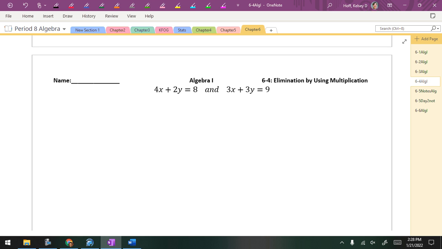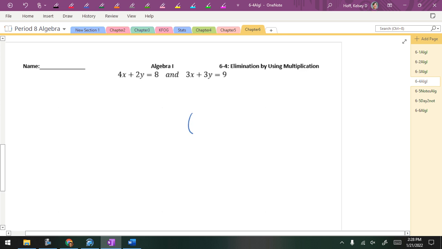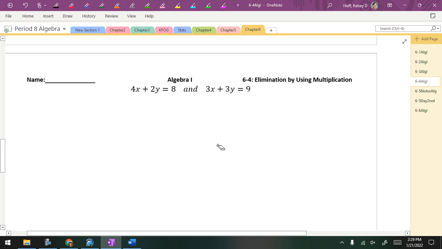So you want to match x's or y's? Y's. What are you going to match them to? 6. So what are you going to multiply the left one by? 3. And you would end up with... Now, careful. We did a positive 3. So 12x plus 6y equals 24.